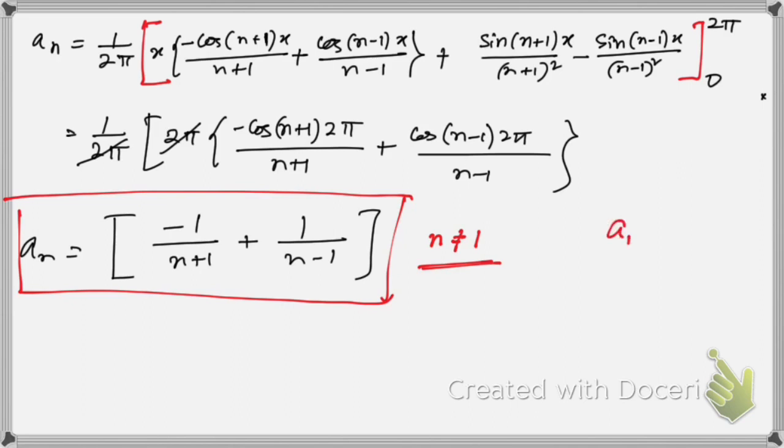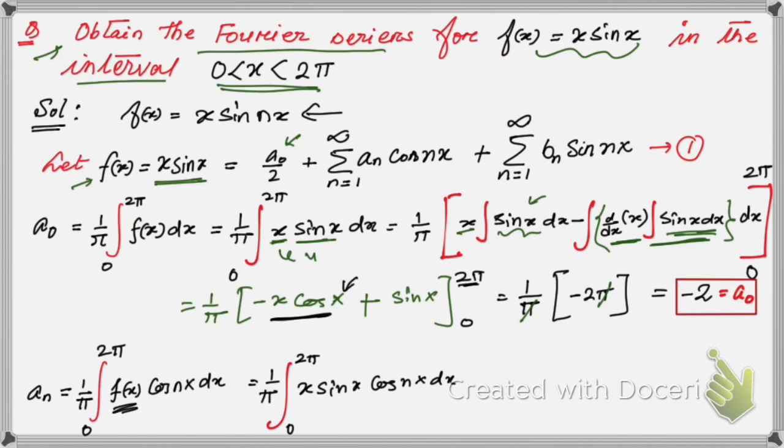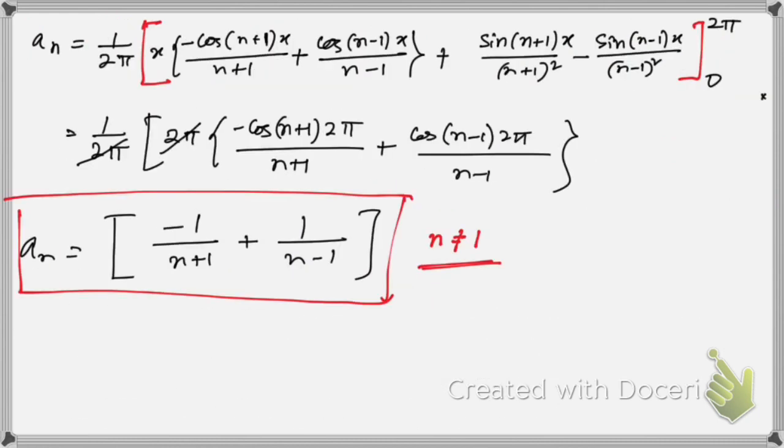That means, what will be a1? Let me find that one also, because we are going to need it in the Fourier series. If you go back to the series, here we have an cos nx with summation from 1 to infinity, so we must know a1. So let me find that one. How to find a1?